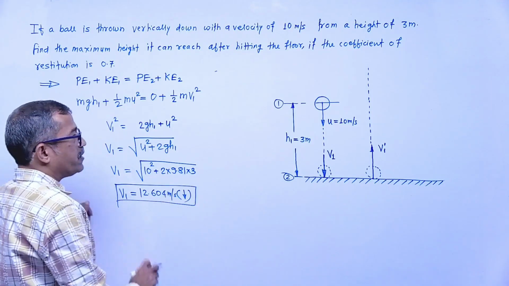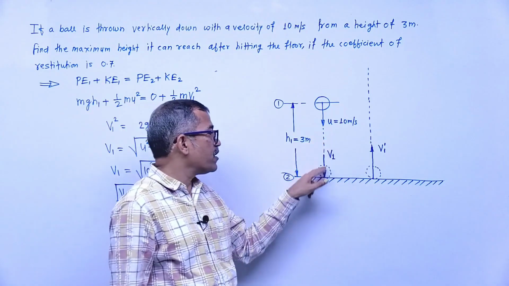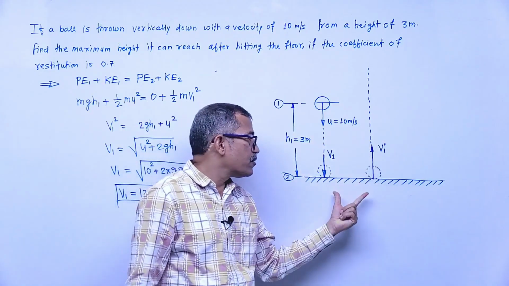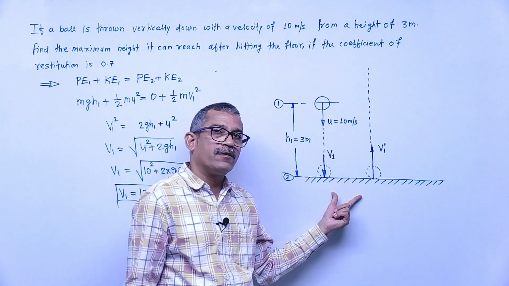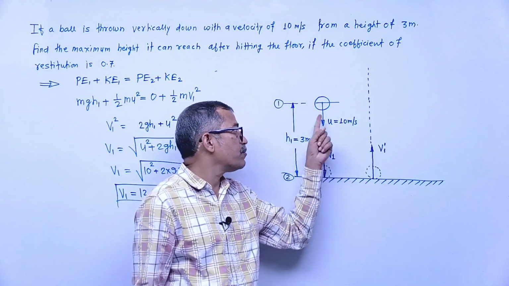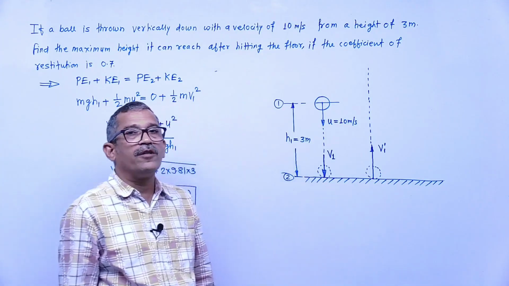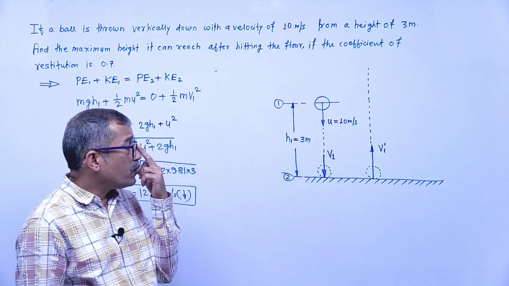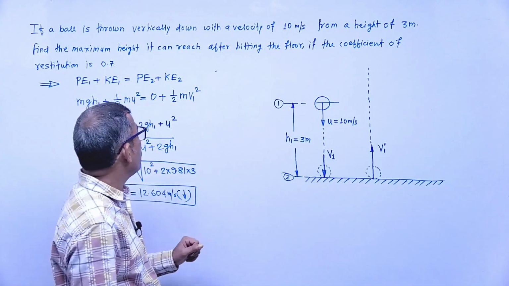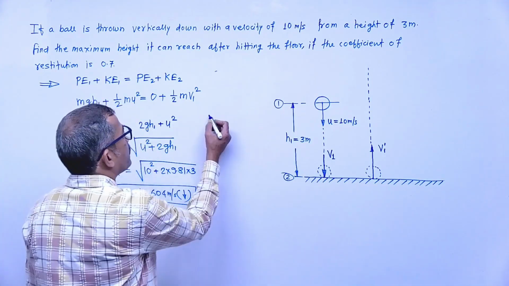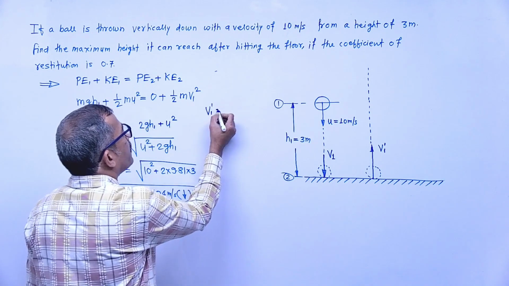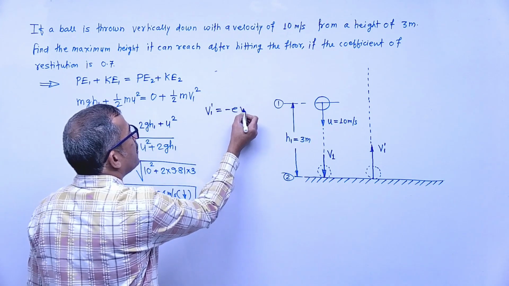This velocity clear? Now when this body strikes and rebounds, it strikes with the ground, means earth, whose mass is infinite as compared to the mass of the ball. Therefore, the law of conservation of momentum is not valid. If you apply the coefficient of restitution equation, then this V1 dash becomes minus eV1.